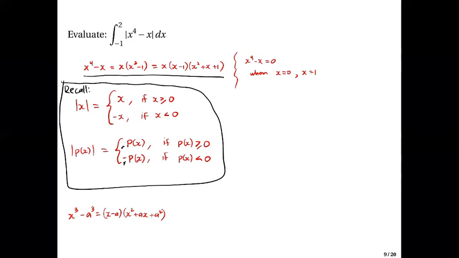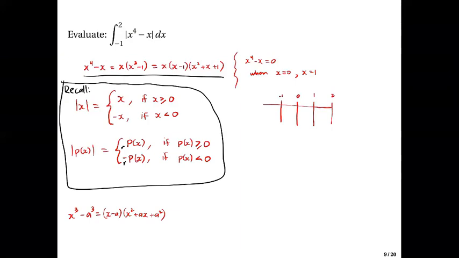Now, you have the interval -1 up to 2. So, let's see. Say this is your -1 here. This is the 0. This is 1. And this is the last part. This is your 2.